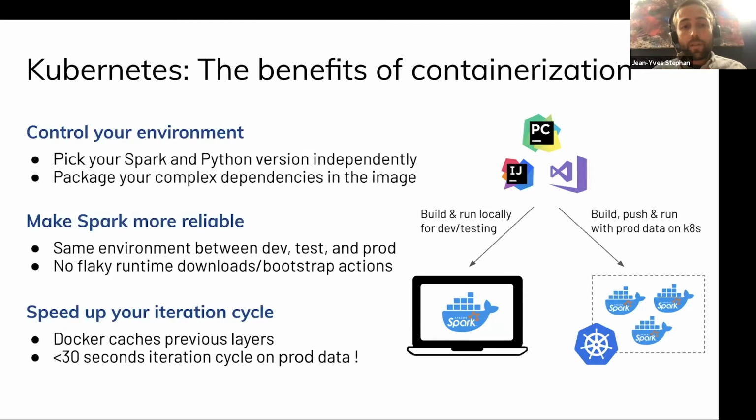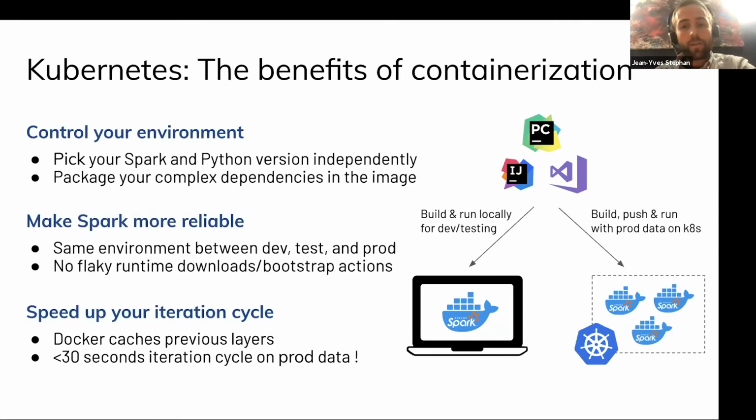The other benefit is obviously you're going to be able to package all your dependencies this way. You can also change the major Spark version. And obviously you're going to have the exact same environment, whether you're in dev, test, and prod. And last but not least, the iteration cycle while developing with Docker can be really fast.